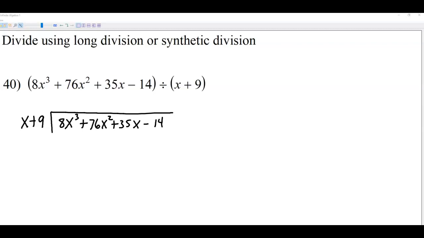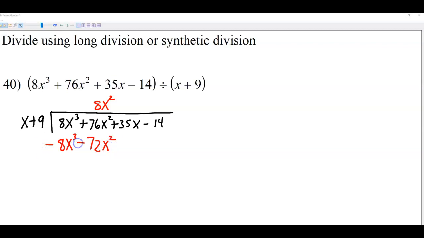So first I asked myself, what times x would give me 8x to the third power? Well, that would be 8x squared. Next, I'm going to multiply that 8x squared times both of these and put my answer on the bottom. 8x squared times x is 8x cubed. 8x squared times 9 is 72x squared.